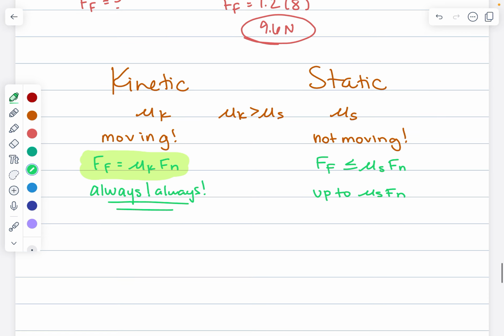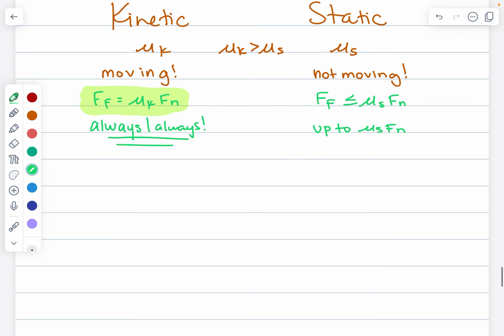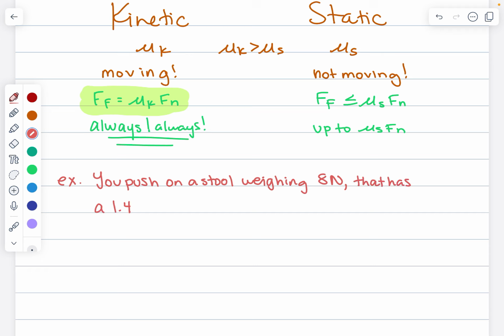There's a reason for that. The static friction is a response. So if you push on a stool weighing 8 newtons that has a 1.4 coefficient of static friction, I'll say this, US is 1.4, with the floor.